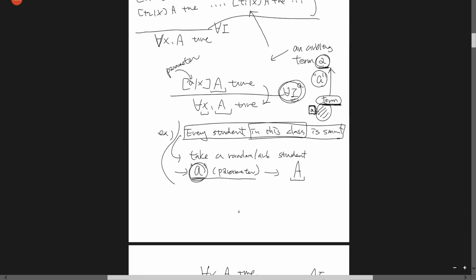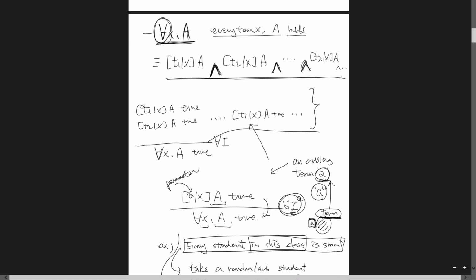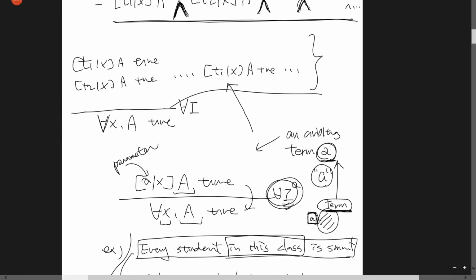So now we have finished developing the inference rules for for-all. The idea behind for-all is that it's an infinite conjunction. The introduction rule exploits this new notion called the parameter.